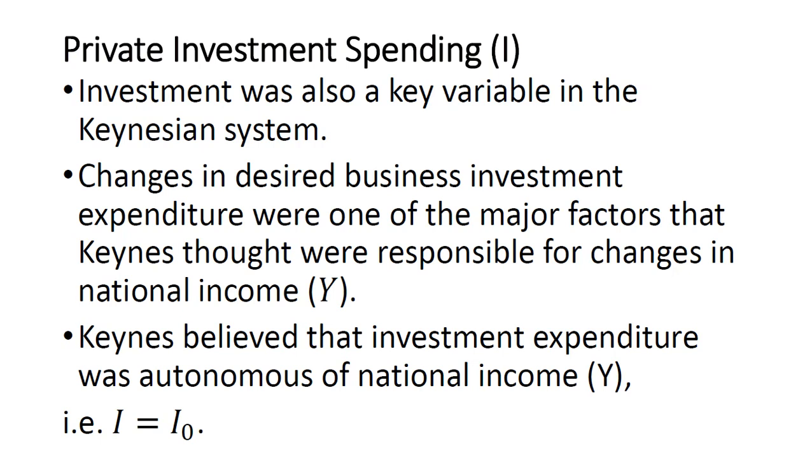They buy raw materials, they invest in capital in order to produce. So we have a private investment spending. In the case of consumer spending, which depends on income, private investment spending doesn't depend on income. It's autonomous. It doesn't depend on national income.